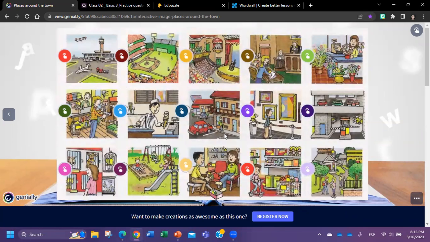For example, you go to these places when you want to stay only one night or probably a few hours. Motel. Ah, motel. Next one. Museum. A museum, perfect. Next one.